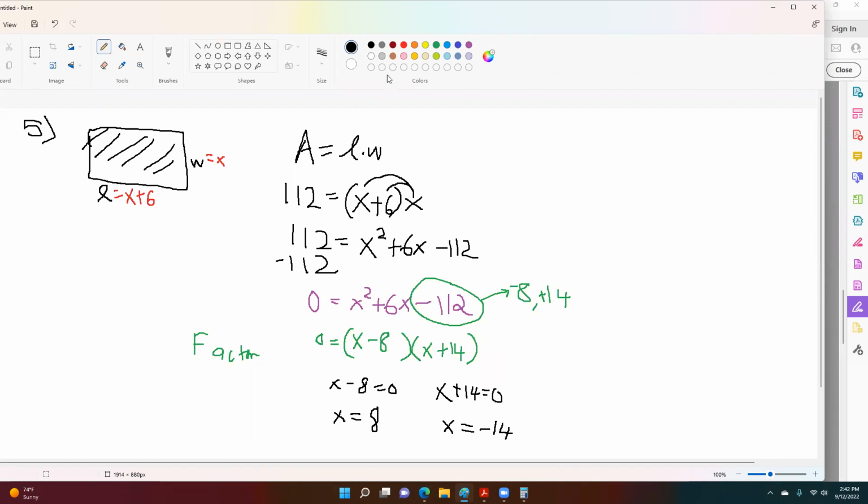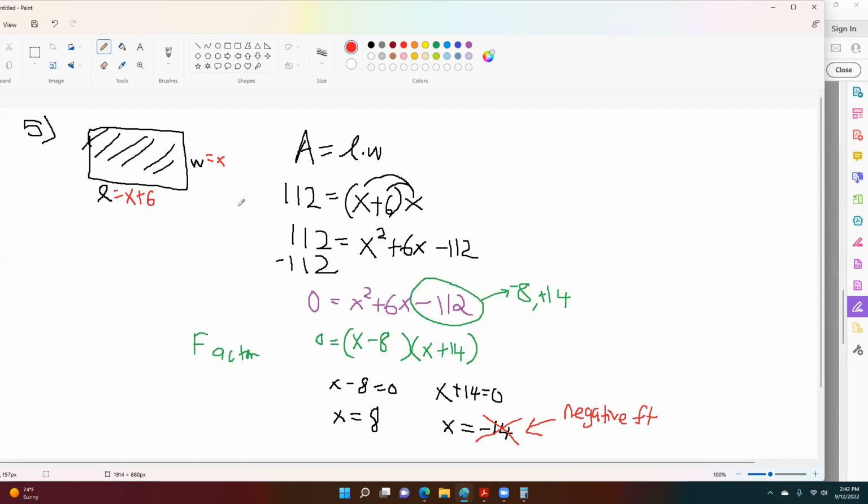However, you cannot take negative 14. The reason is that you cannot have a negative length, because this is a dimension. Can you tell me what negative 14 feet looks like? If you can show it to me, let me know. I want to be famous too.